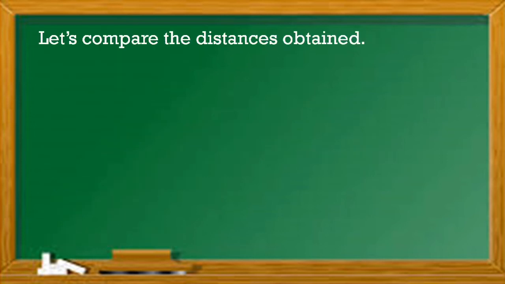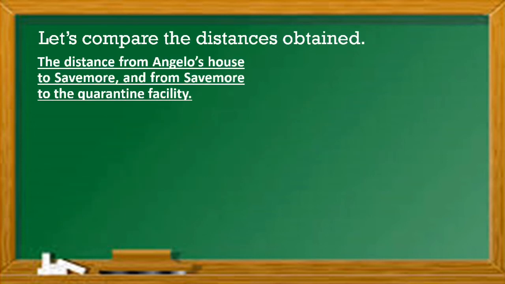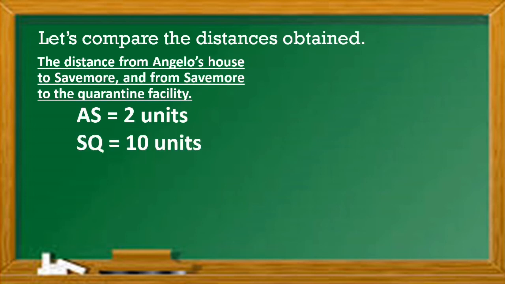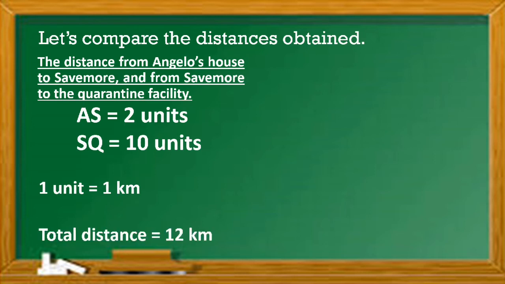So let's compare the distances obtained. The distance from Angela's house to Save More and from Save More to the quarantine facility: AS equals 2 units, SQ equals 10 units, and each unit is equal to 1 kilometer. So therefore, the total distance will be equal to 12 kilometers.